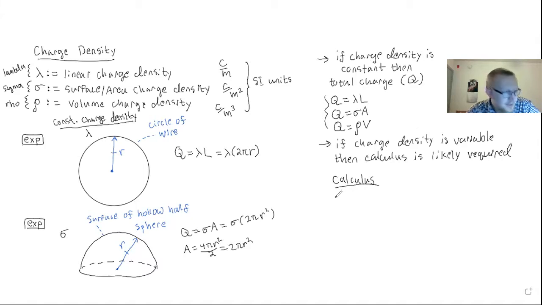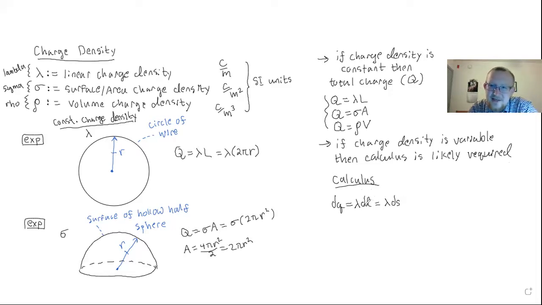Pretty amazing stuff. One way you could think about these equations is that a little bit of charge, or an infinitesimal amount of charge, could be written as the linear charge density times some little bit of length. I'm using dl here for a little bit of length. On occasion I might use ds, so lambda times a small segment of a curve or a circle.